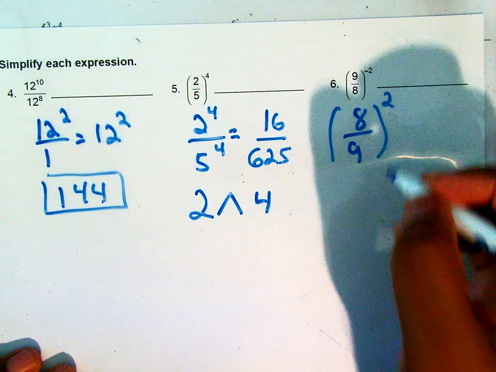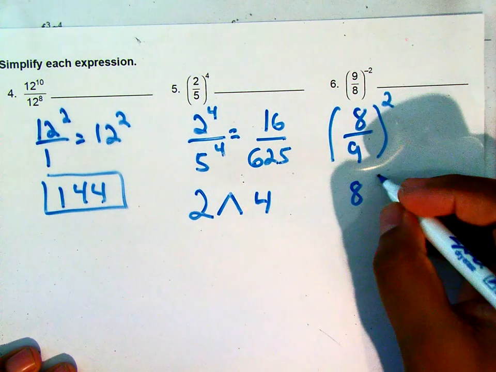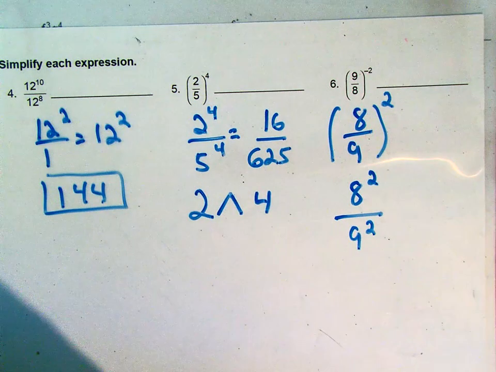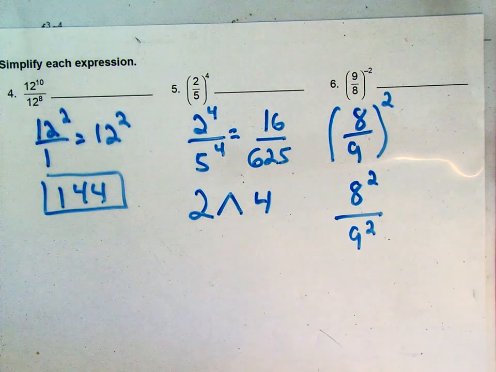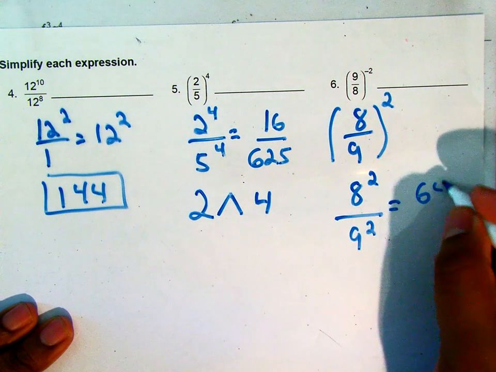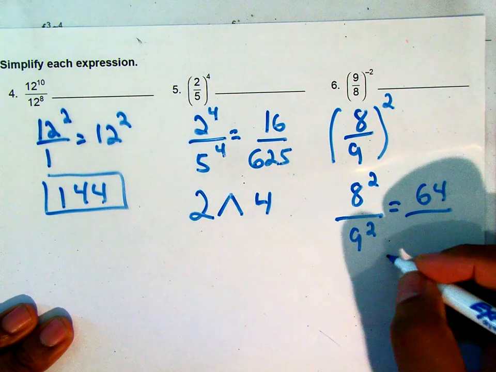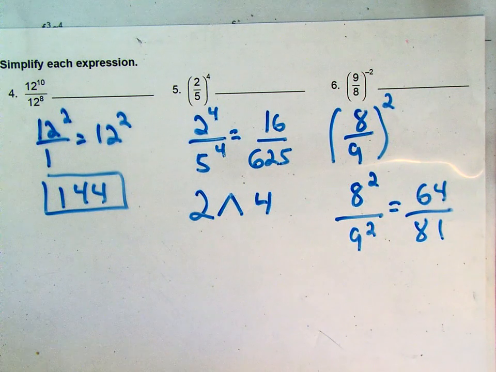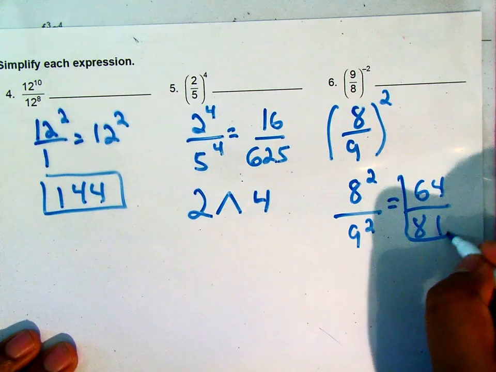Next, I'm going to go ahead and apply that exponent to the 8 and also to the 9. And then 8 squared is going to be 64, and 9 squared is going to be 81. And then this is my final answer.